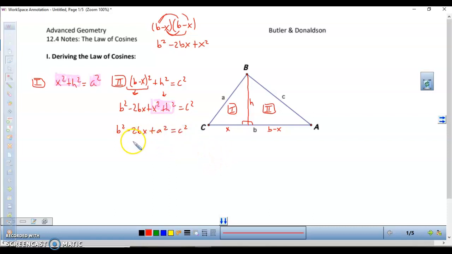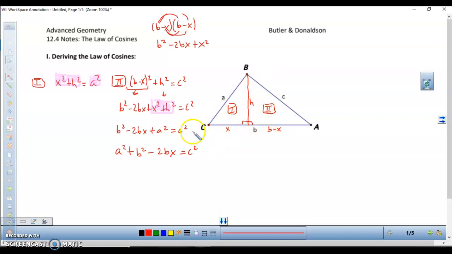And now I'm really close to setting up what's called the law of cosines. I'm going to move some things around here. I'm going to rewrite this by using the commutative property of addition, which allows me to rearrange the order. So I have a squared plus b squared minus 2bx equals c squared.